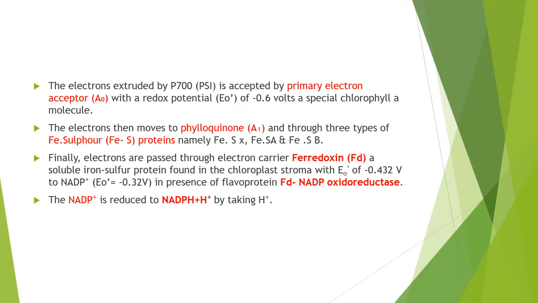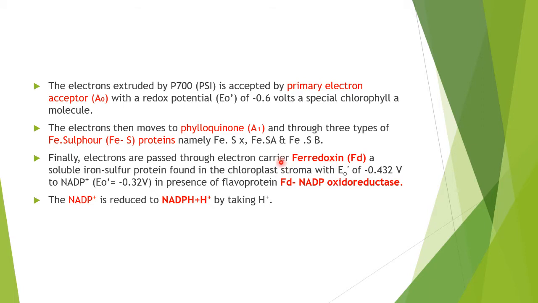And electrons from pigment system first, which are extruded, are accepted by the primary electron acceptor. There are acceptors A0 with a particular redox potential, and then there are other phylloquinone and iron sulfur proteins, namely iron sulfur X, iron sulfur A, iron sulfur B. And then finally electrons are passed on through the electron carrier ferredoxin.